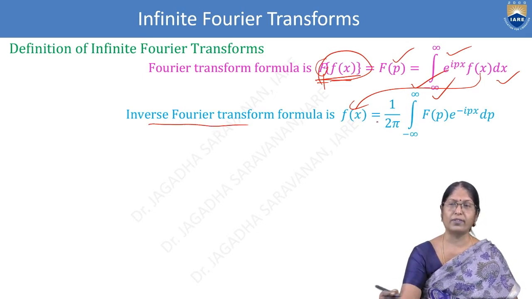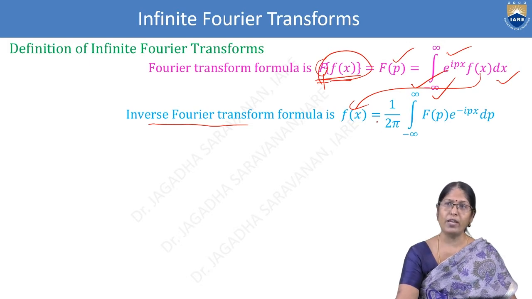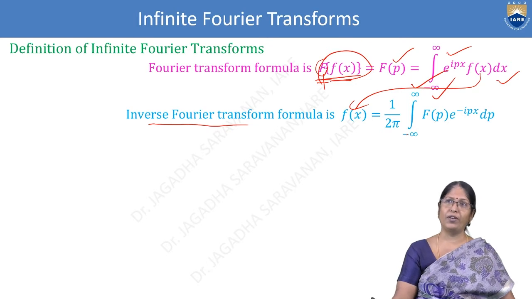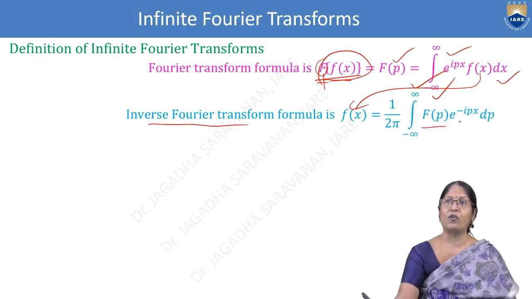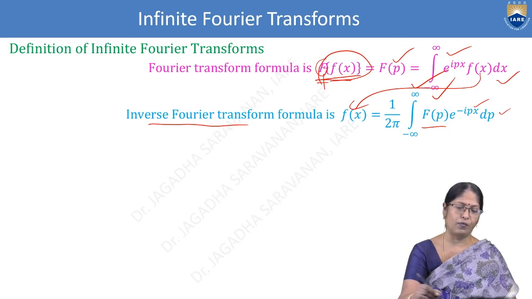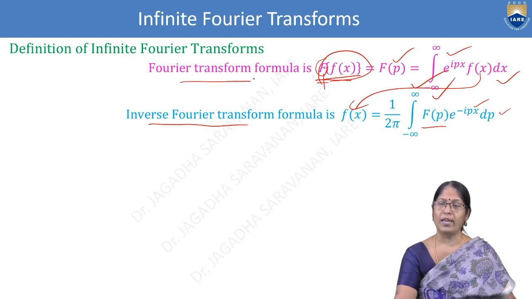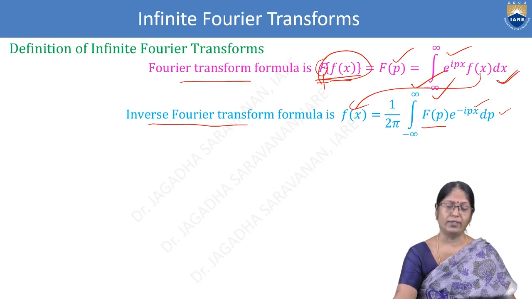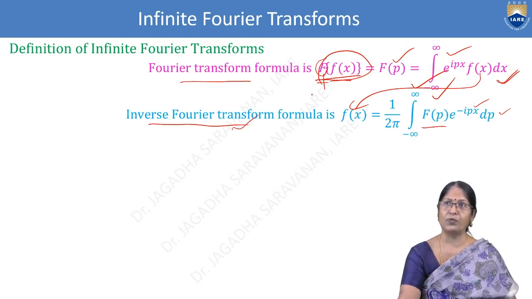So f of x equals 1 by 2 pi, integral from minus infinity to infinity, capital F of p e power minus ipx dp. So the difference is that the Fourier transform is integration with respect to x, whereas the inverse Fourier transform is integration with respect to p.